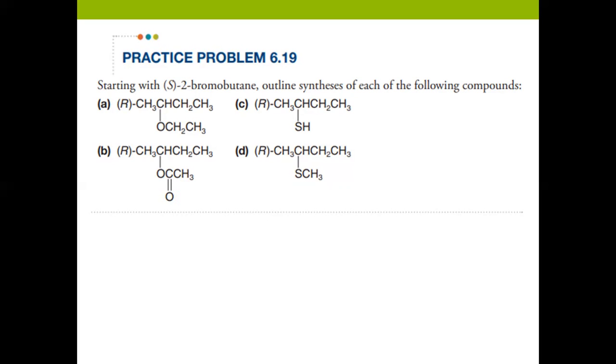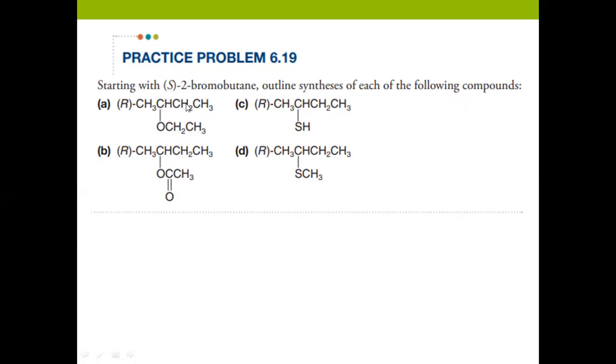So starting with 2-bromobutane, outline the synthesis of each of the following compounds. When you are given only a name, you have to write the structure. What is the structure of 2-bromobutane? Butane, you'll have 1, 2, 3, 4, of course 4 carbon atoms, and 2-bromo, you have 1, 2, and then your bromine. Since you have your product here, the OCH2R, what do you expect from your reactant?